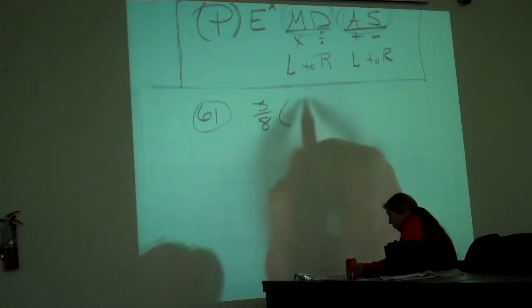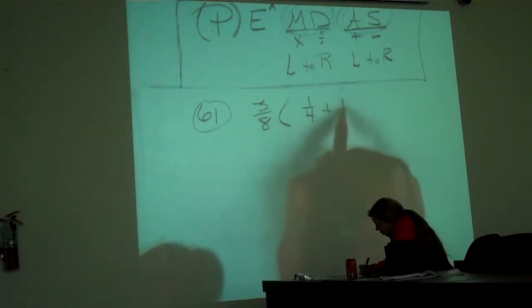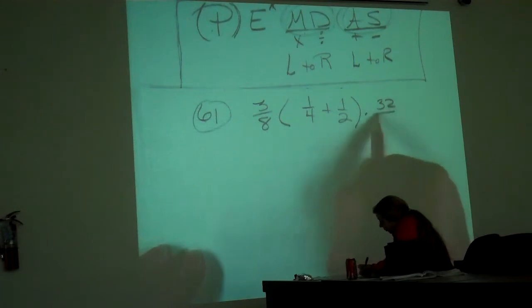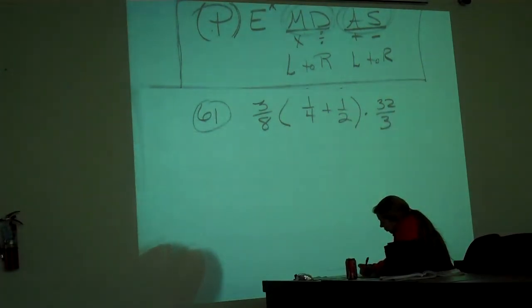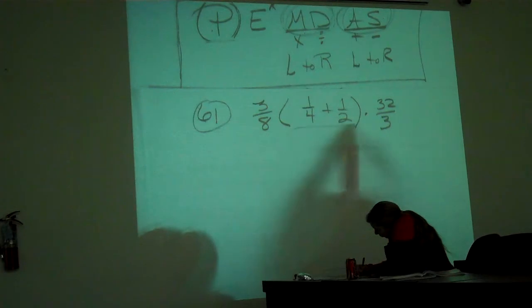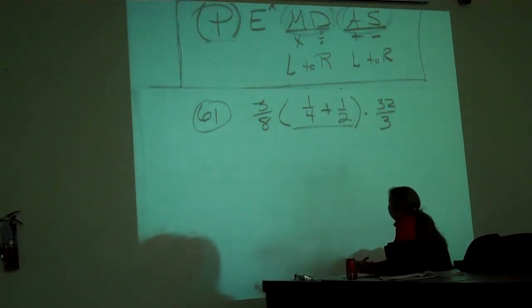3/8 parentheses, 1/4 plus 1/2 times 32/3. Okay, follow the order of operations. Don't freak out because it's a bunch of numbers, okay? Start out with the parentheses. Doing this part, adding, you need a common denominator, right?